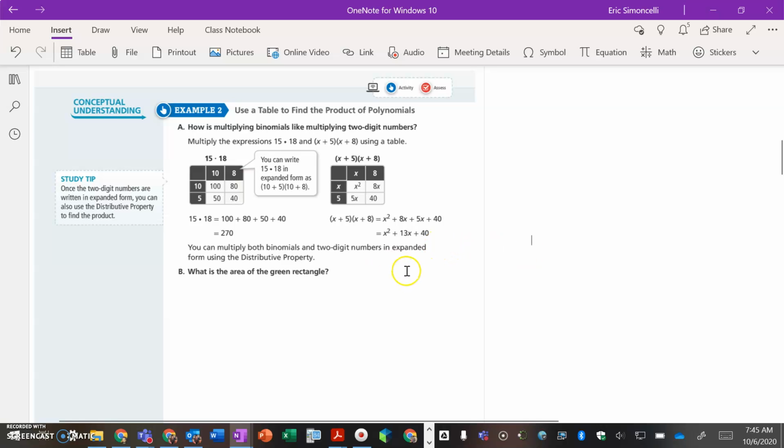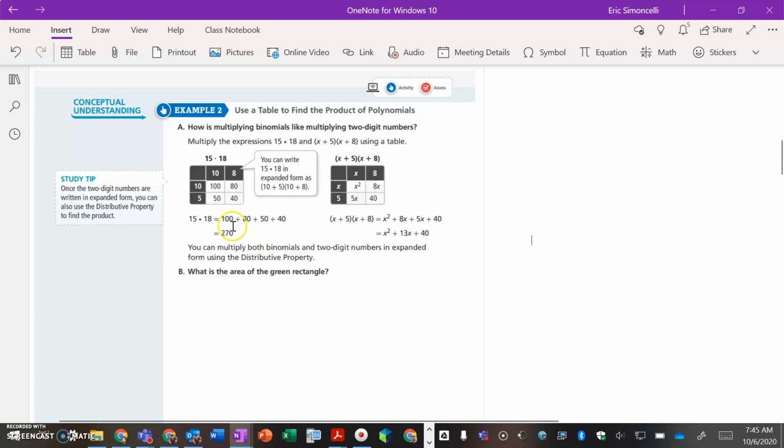I do urge that you test to see what would happen if you were to plug in, let's say, a number here, let's say 10, but also a number here. Let's try 10 maybe again. If you were to try plugging in 10 for x here and 10 for x there, in other words, 10 plus 5 times 10 plus 8, but also plug it in here, 10 squared plus 13 times 10 plus 40.